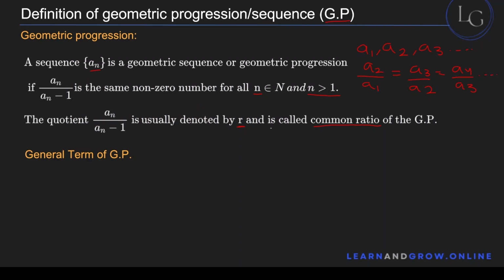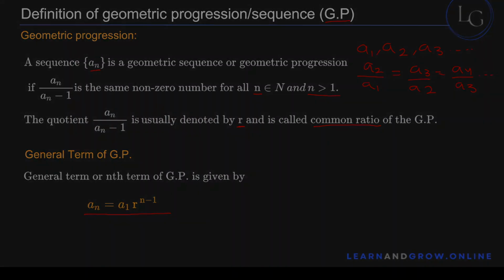The common difference is denoted by d, and so the common ratio will be denoted by r. And so the general term of a geometric progression is given by this formula. an is equal to a1, so the first term, into r, the common ratio, raised to the power n minus 1. So that is the most basic introduction to a geometric progression, and we'll discuss the questions later on.